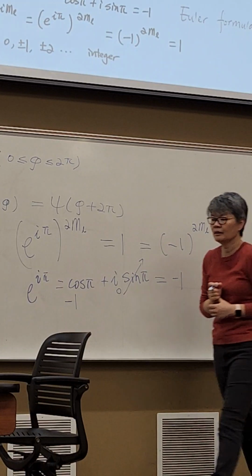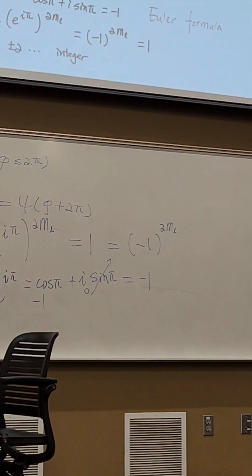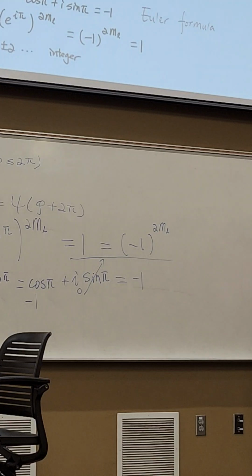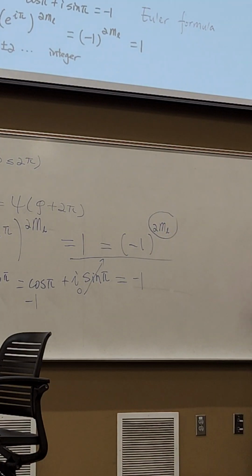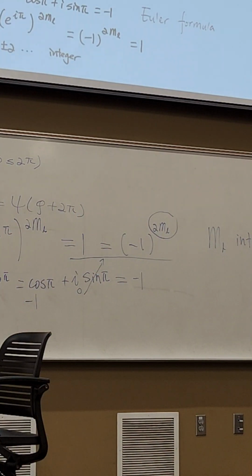So therefore, for this to be true and equal to 1, what has to be true? This is already 2 times some number, so as long as m sub l is an integer, this expression would be true.